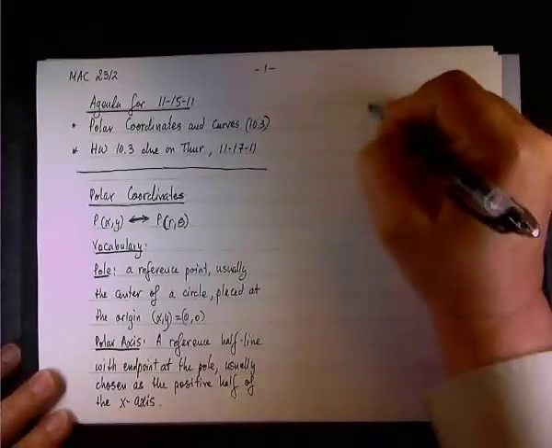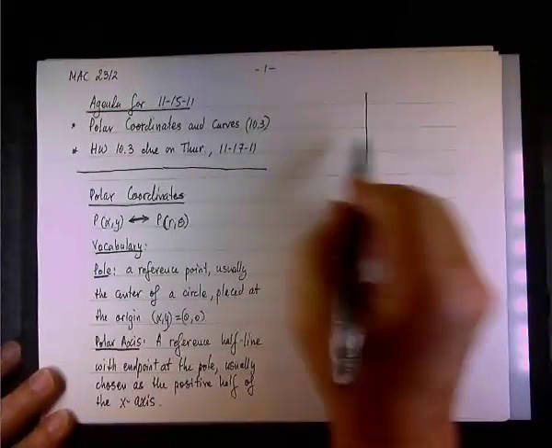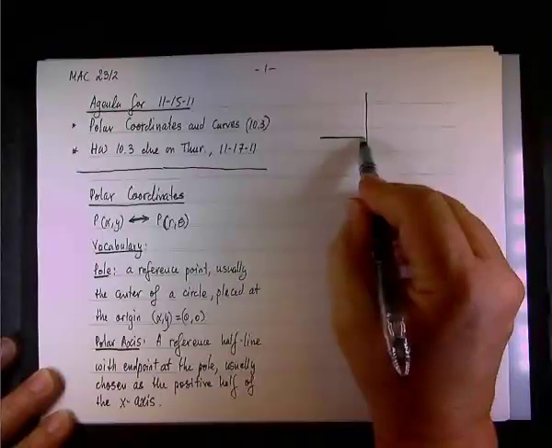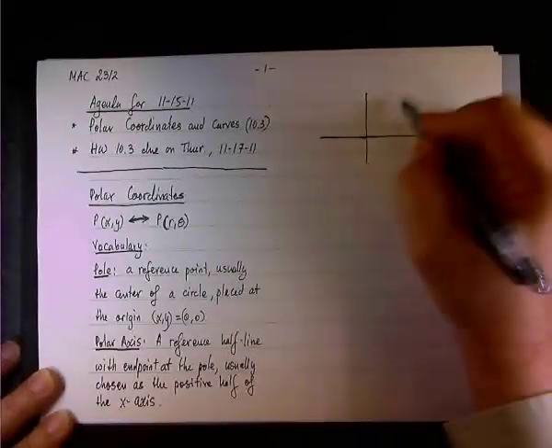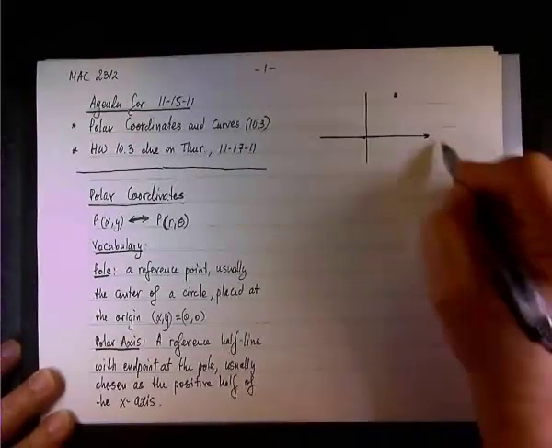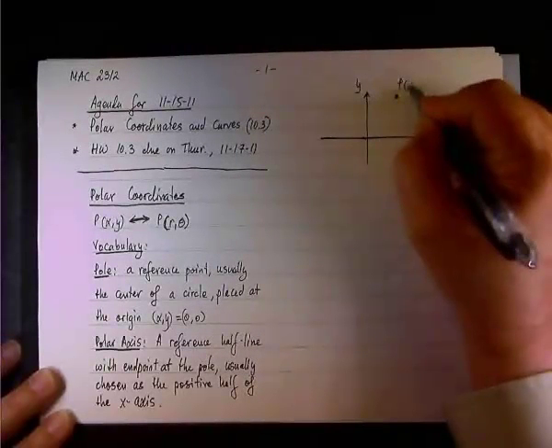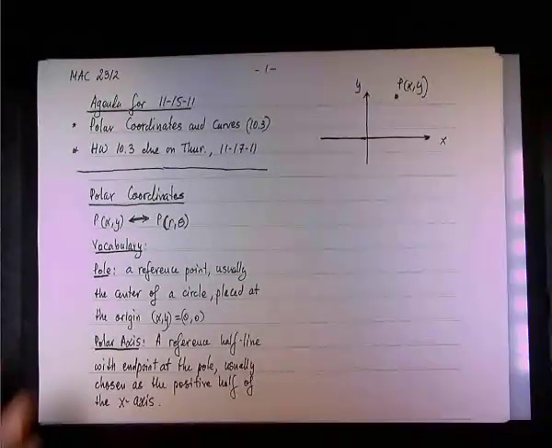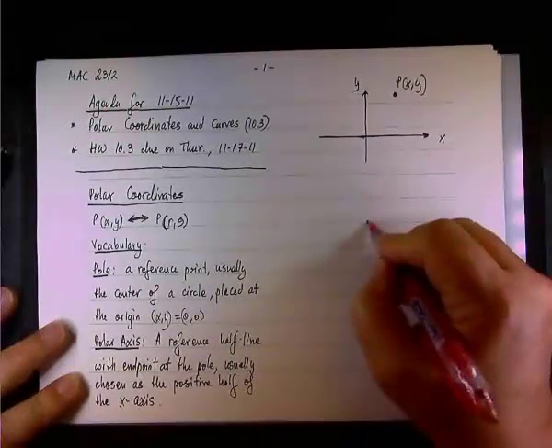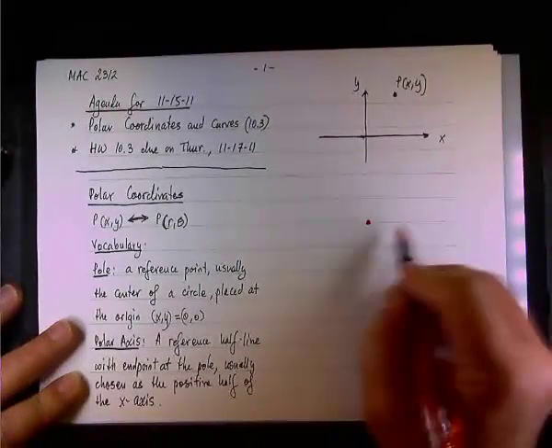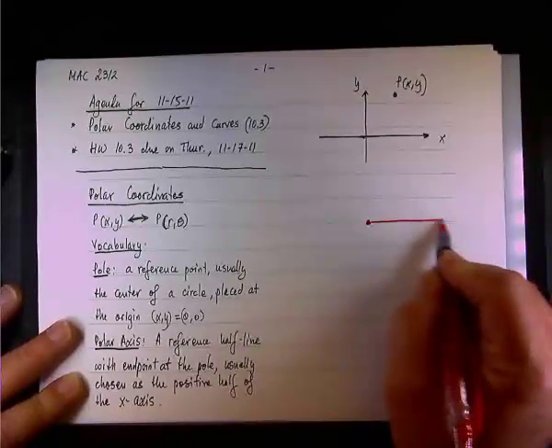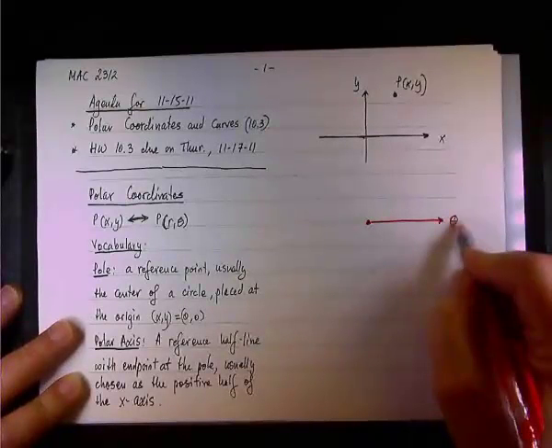The way it works on a Cartesian system, if we pick a point P of xy, let's say in the first quadrant, so this is x and this is y, and this is the point xy. How is it in the polar system? In the polar system, this is the pole, and the polar axis will be right here.